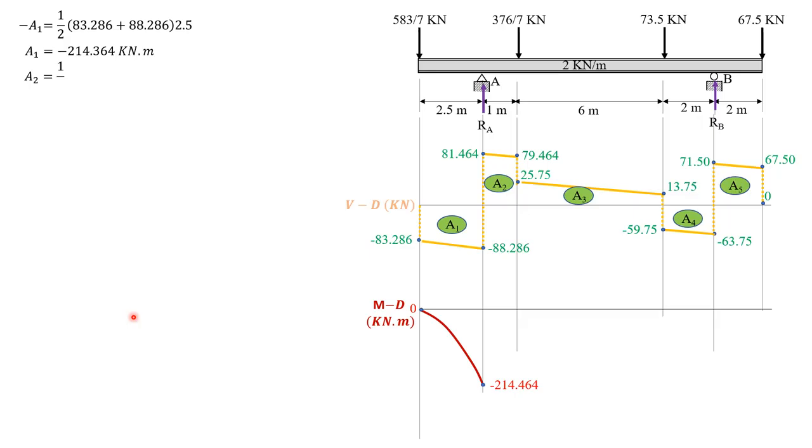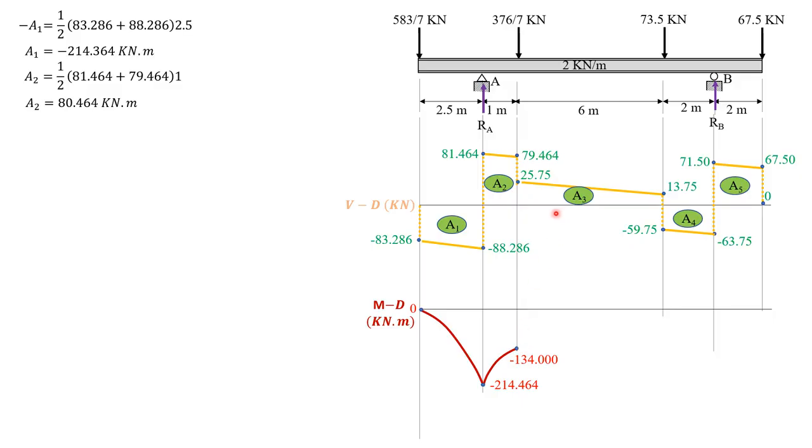Area 2 is 0.5 of quantity 81.464 plus 79.464 times 1. So area 2 is 80.464. So negative 214.464 plus 80.464, you have positive decreasing. So you'll have here the ordinate equal to negative 134.